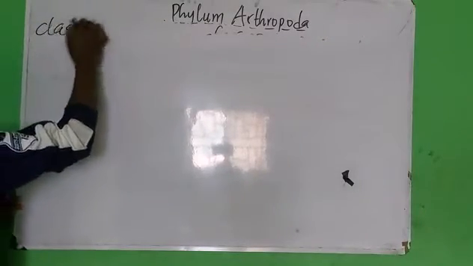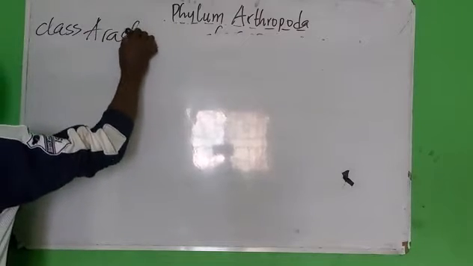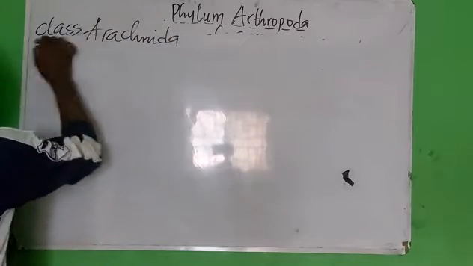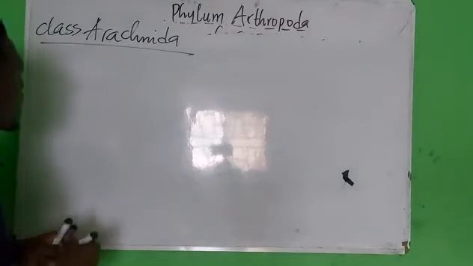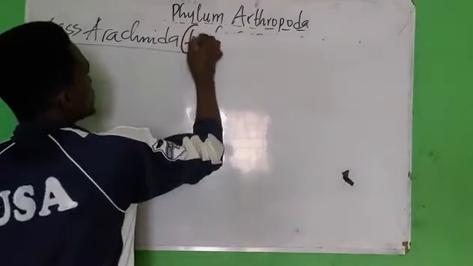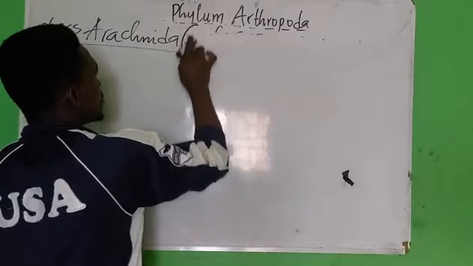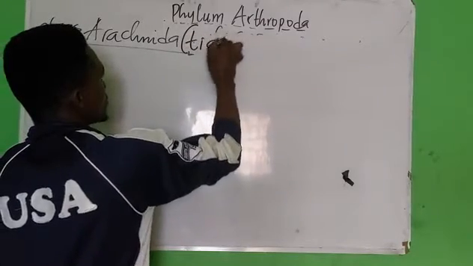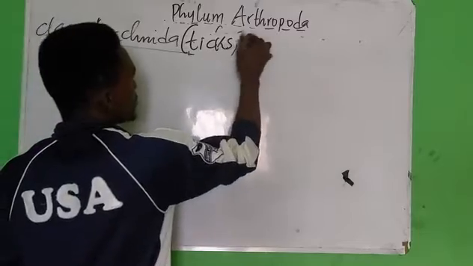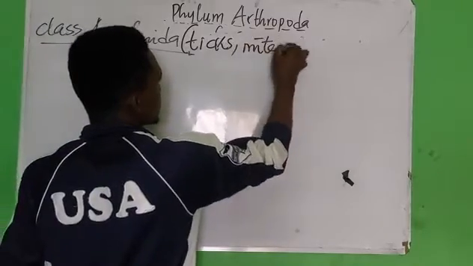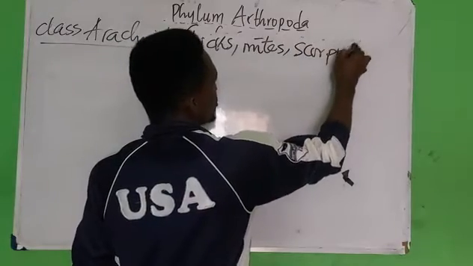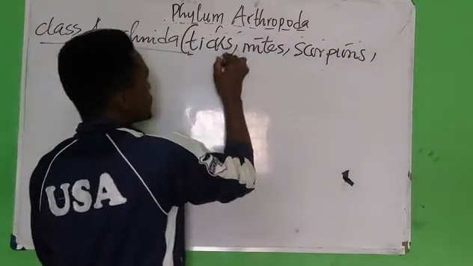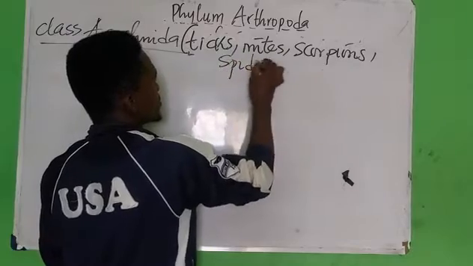Class Arachnida. Now, what are some examples of arachnids? We have ticks, we have mites, we have scorpions, and we have spiders.